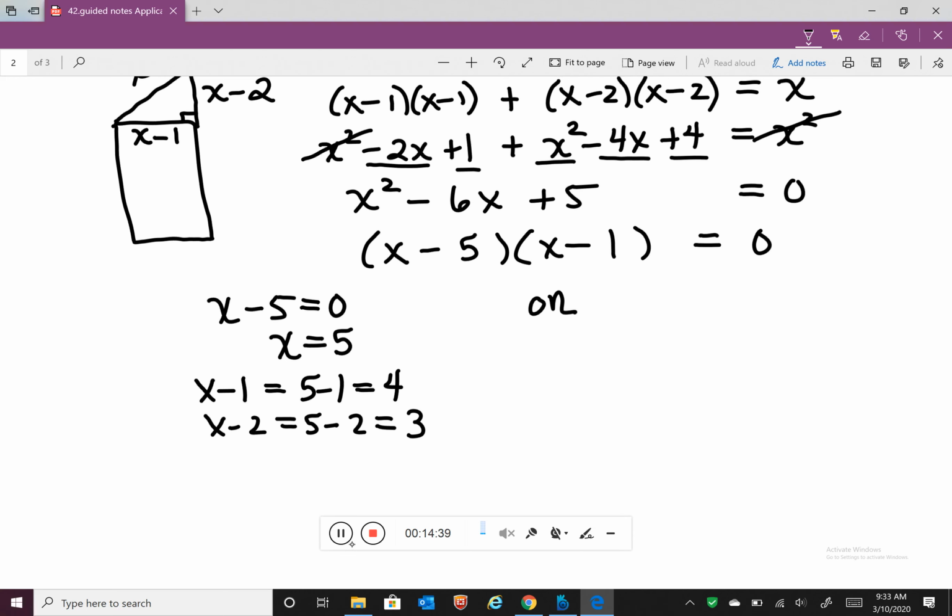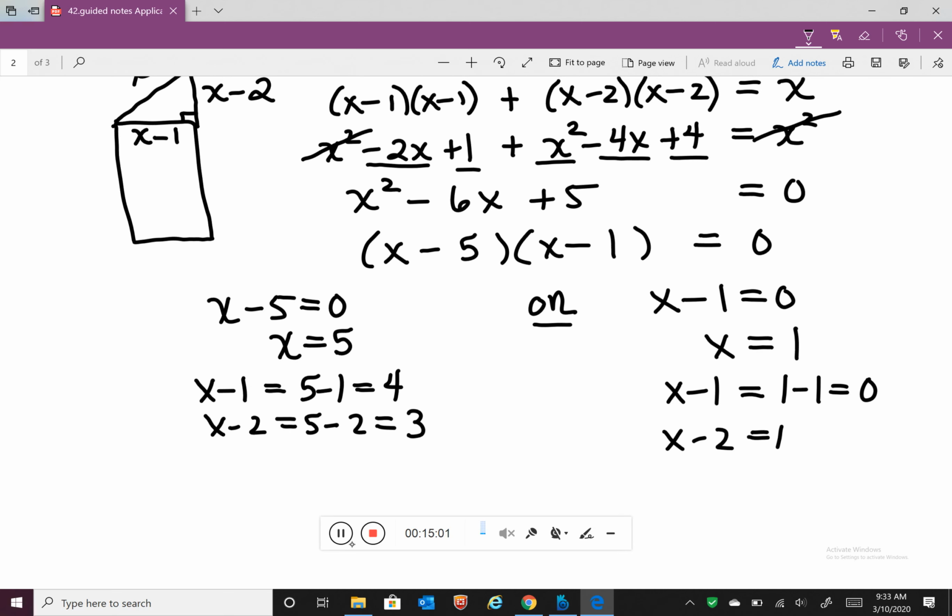Or x - 1 = 0, which means x = 1. And now if we continue with the hypotenuse being 1, x - 1 would give us 0, and x - 2 would give us -1.